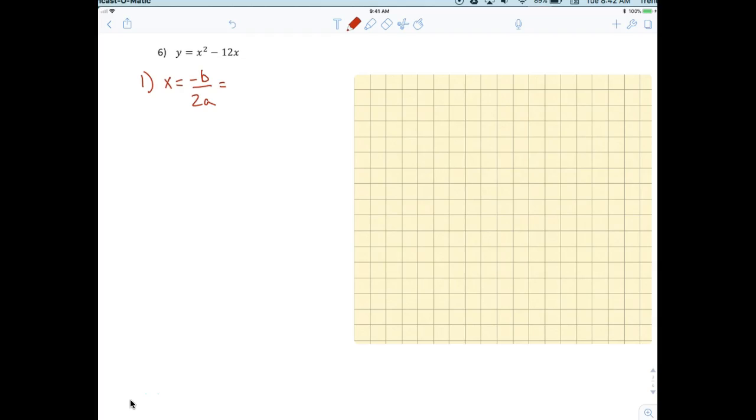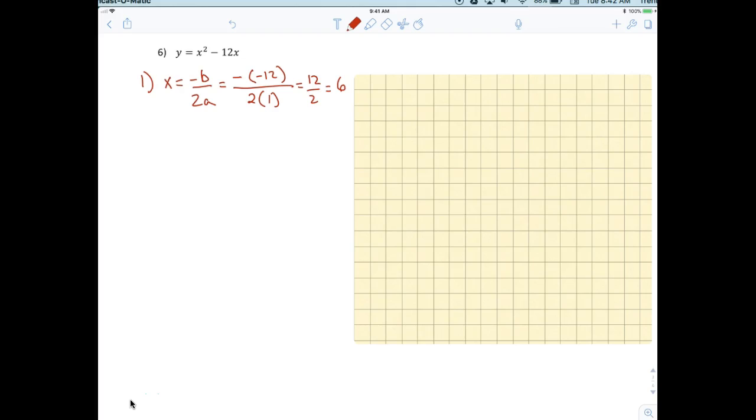So therefore, it's going to be, which makes it a positive. So again, negative 12 over 2 times 1 equals 12 over 2 equals 6. Do you have any complaints with that? Any issues with that?